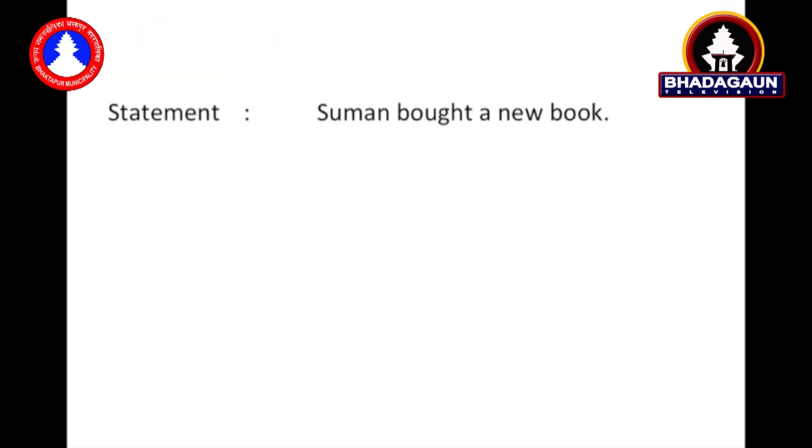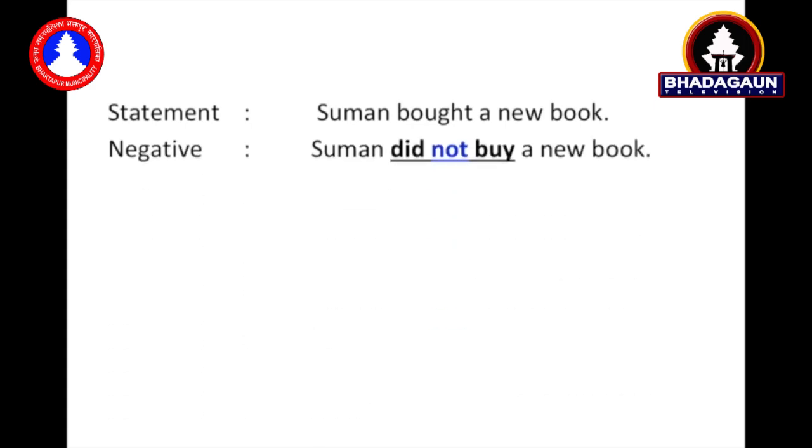Suman bought a new book. Also here we don't have an auxiliary verb in the given statement, and the main verb is bought. Bought is simple past, and this is V2. When the verb is in V2 form, we take the help of did, and so its negative is Suman did not buy a new book.